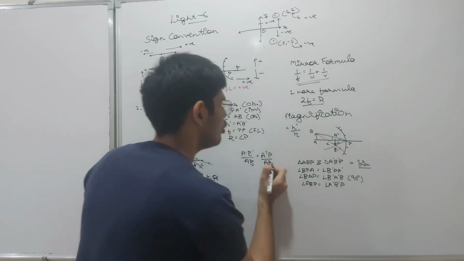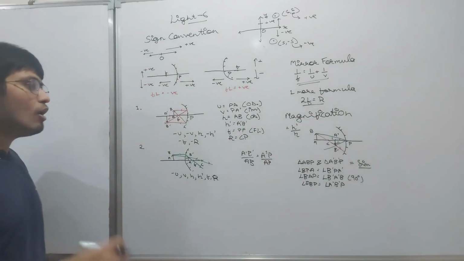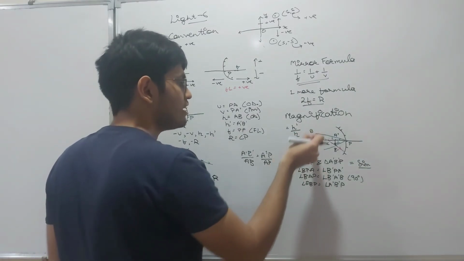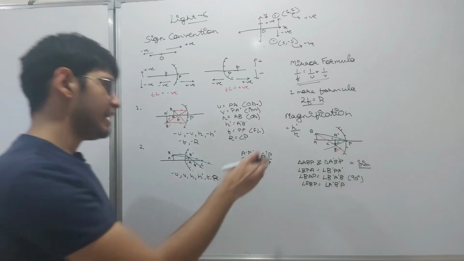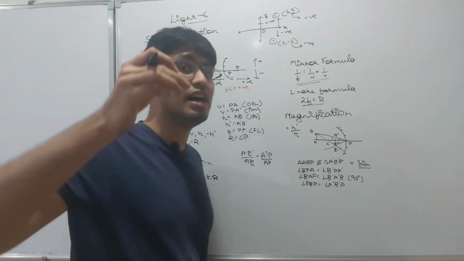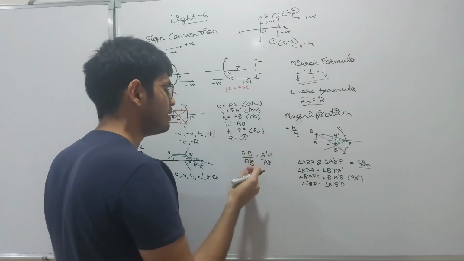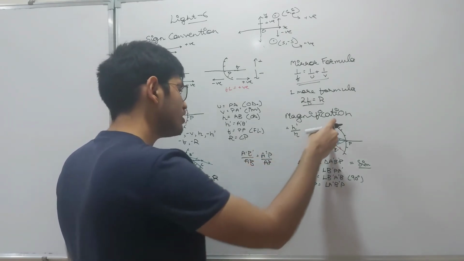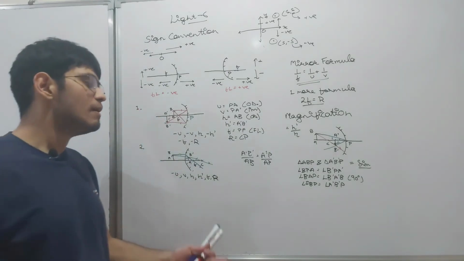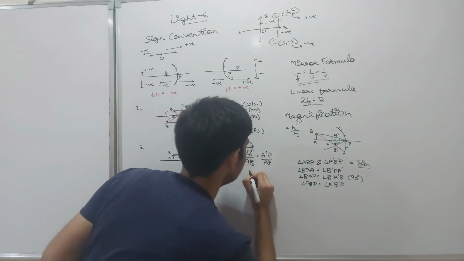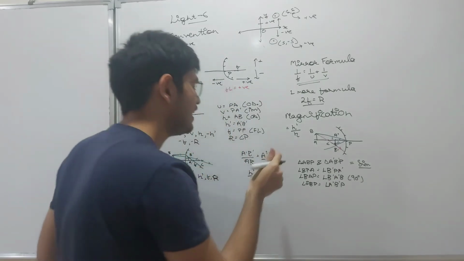Yes, we can, because these two triangles are similar. What is this AB? We can clearly see that AB is the height of the object, so I can replace it by H. And A dash B dash is the height of the image, so I can write H dash by H equal to A dash P by AP.